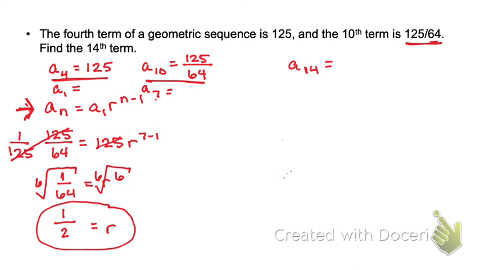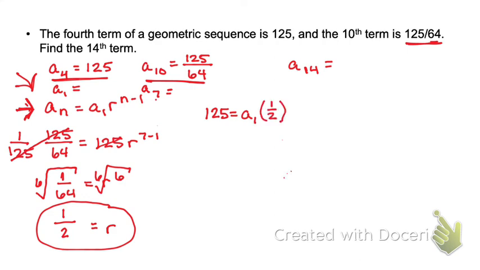And now we go back to one of these two. Which one you want to go back to? 125, of course. And we're going to plug it in here to find a sub 1. So we have 125 equals a sub 1. R is what? 1/2.